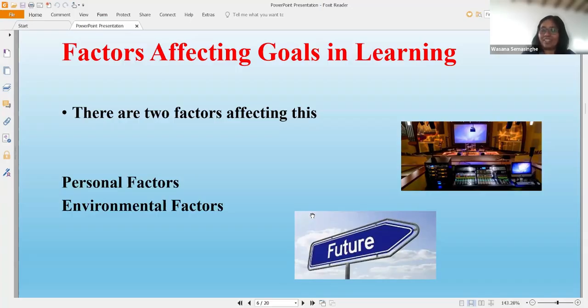And environmental factors, no need of saying much: the programs in the school, how the other staff help you, the principal's leadership, the school environment, the physical environment and the social environment, all these affect our goals in learning.